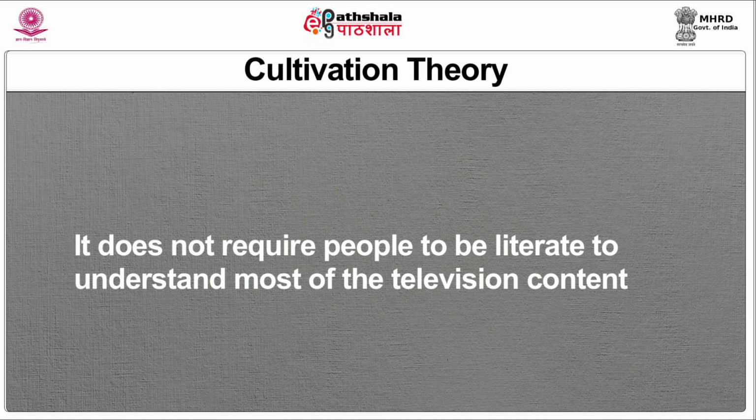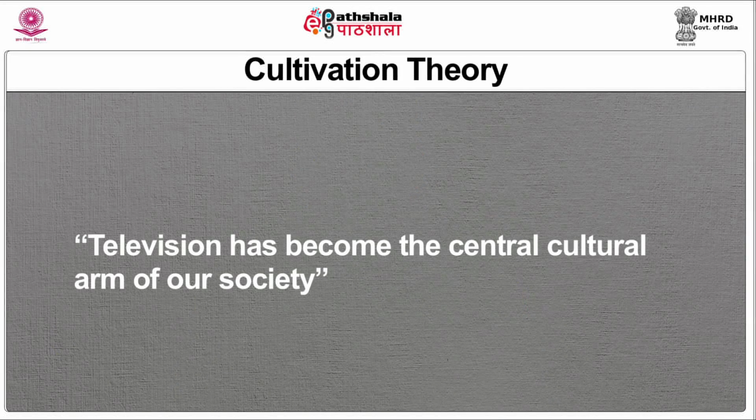It does not require people to be literate to understand most of the television content. Therefore, television has become the major factor in shaping the mainstream culture of a society. In the words of Gerbner, television has become the central cultural arm of our society.